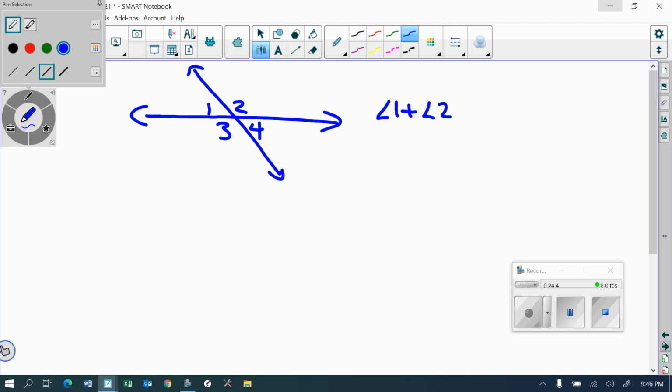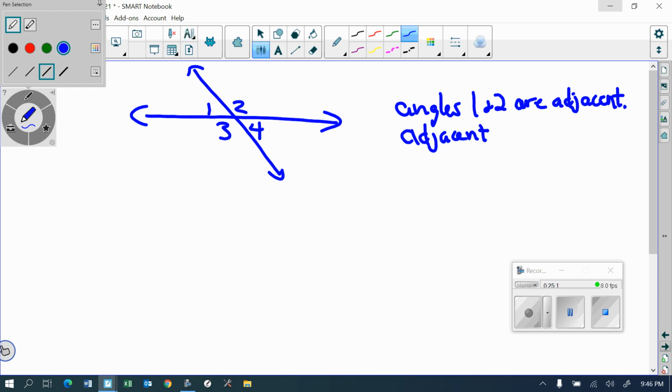Okay, so first off, angles 1 and 2 are adjacent. Remember what adjacent means. I've already described it. Adjacent, I'm just saying, instead of writing the word means, I'm just saying equals, next to.